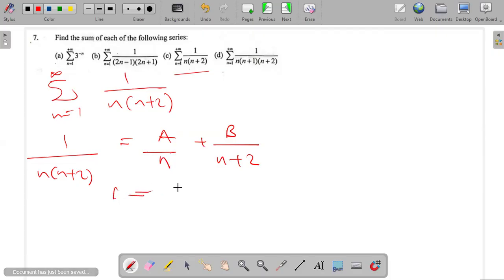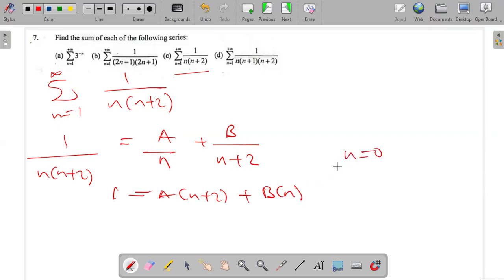So that's 1, then you have a times n plus 2, then you have b times n. So if n is equal to 0, this gives me 2a equal to 1, then I have a equal to half.